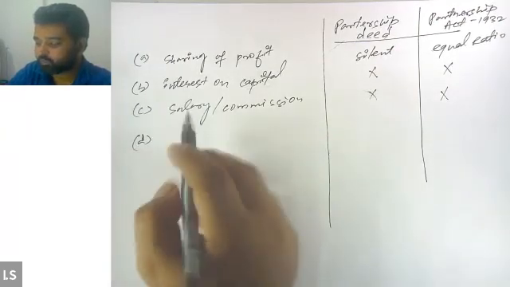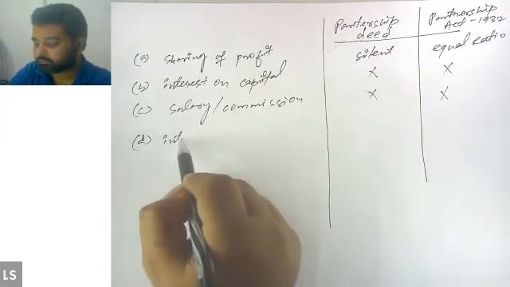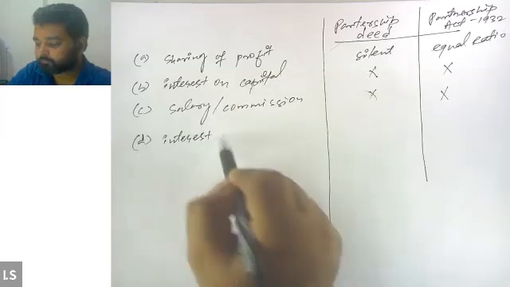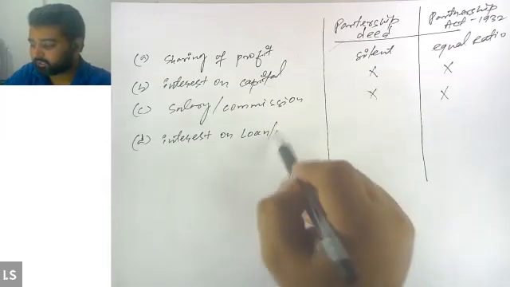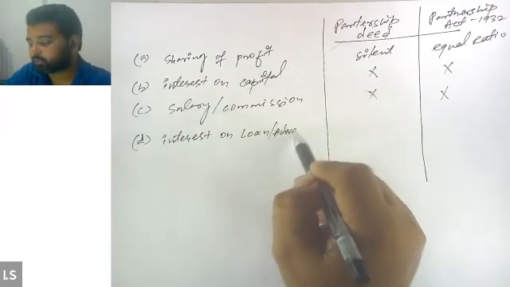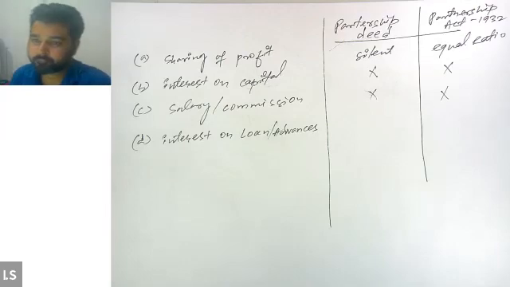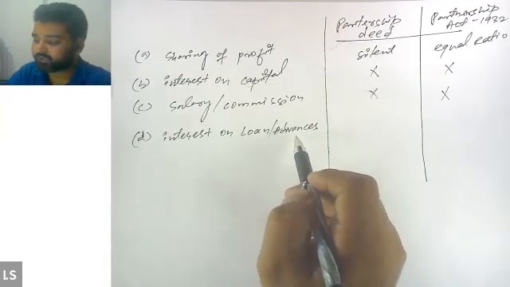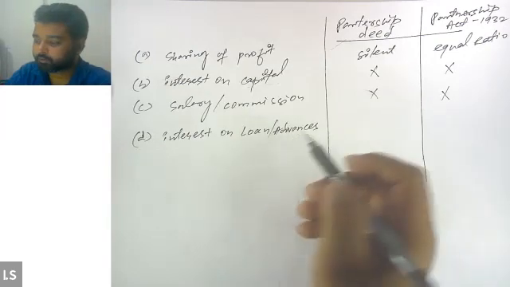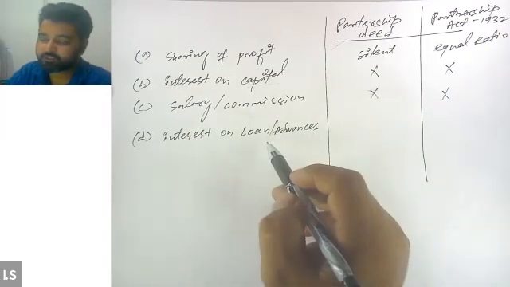Next. So what about interest on loan? Partners are providing advances or loan to the business. So any partner who is providing loan or advance to the firm shall be provided with interest.